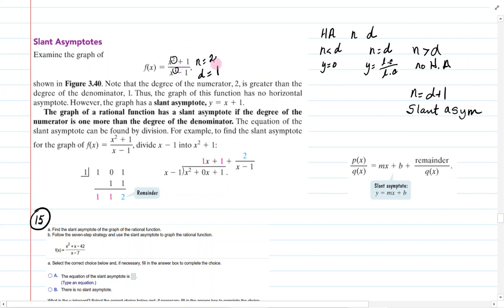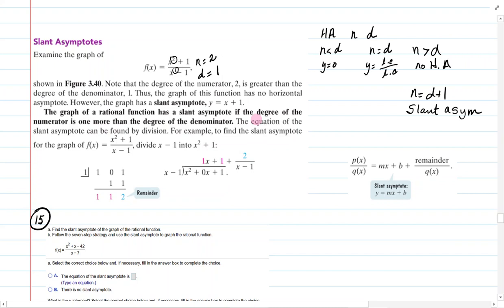So there is no horizontal. If there is no horizontal and n is exactly 1 bigger than d, there might be what's called a slant. And it does say here the graph of a rational function has a slant asymptote if the degree of the numerator is 1 more than the degree of the denominator.